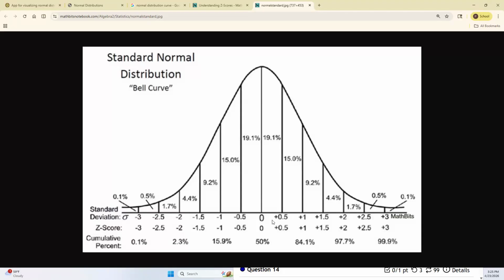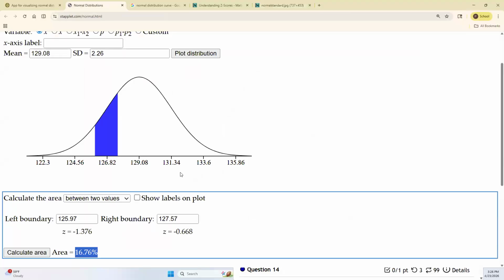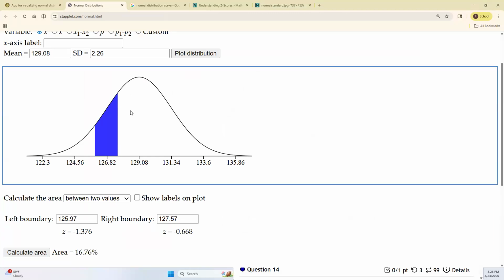And if I told you the mean was 30 and the standard deviation was 5, then I could ask what's the probability of being between 35 and 40, which corresponds to between 1 and 2 standard deviations above the mean. Right, so you're doing the same thought process. I'm just restricted in what boundary points I can ask you because I want you to be able to get the probabilities from the picture instead of from the app. Here I could ask you anything because you can always get it in the app.